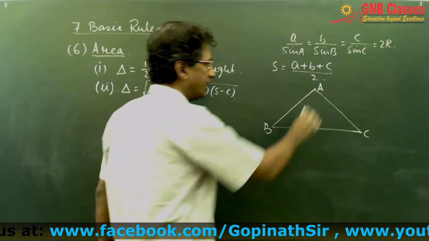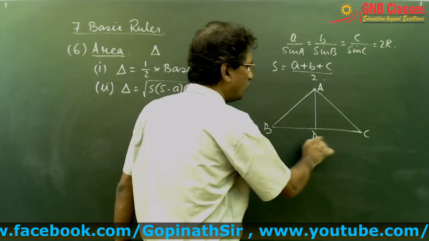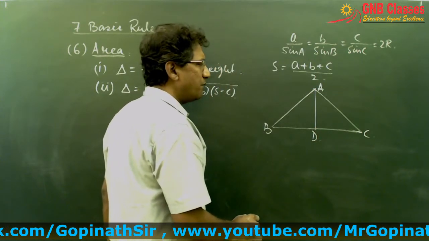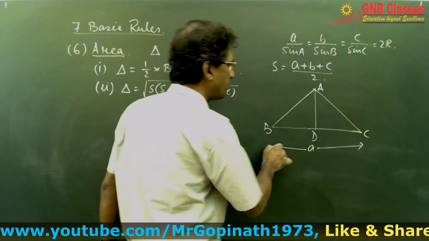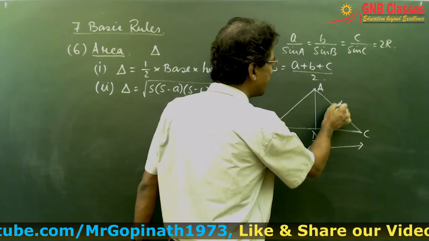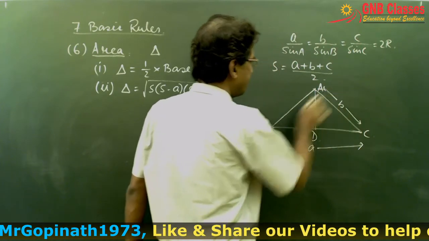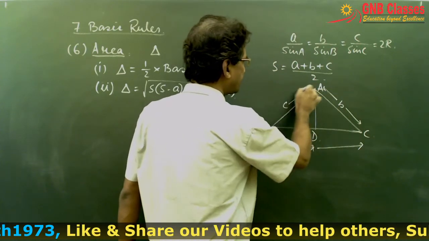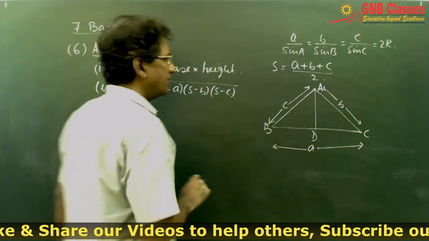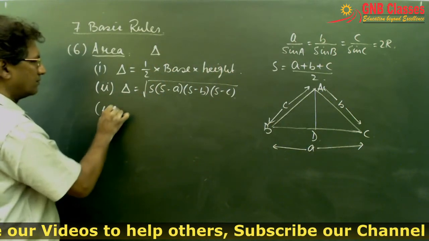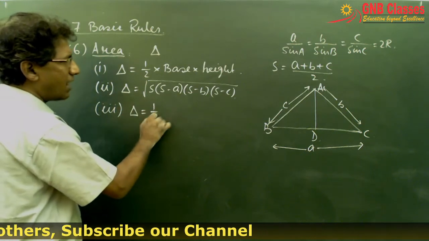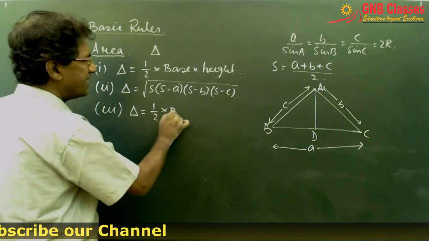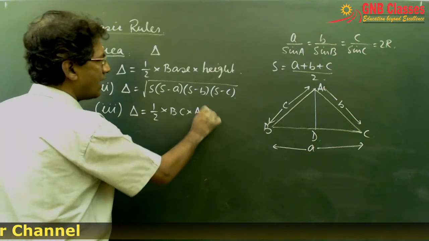Now, ABC is a triangle. Let me draw AD perpendicular on BC. The length of BC is a, the length of AC is b, and AB is c. Now, what can you write? Look carefully. The area of the triangle can be written as half into base into height.